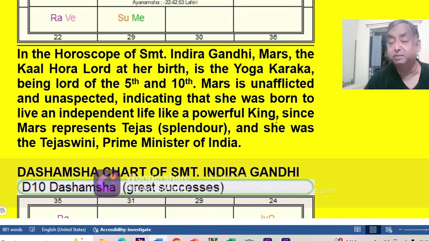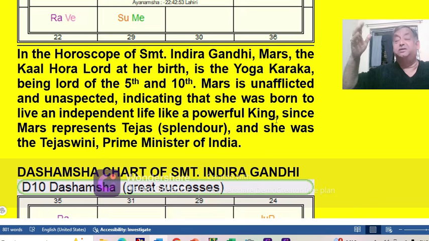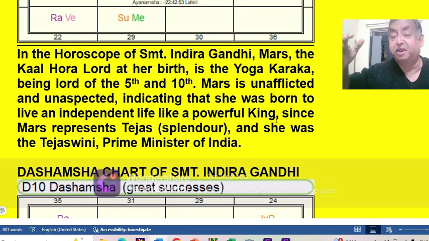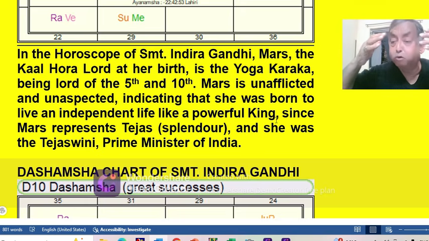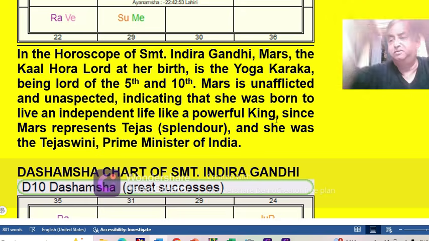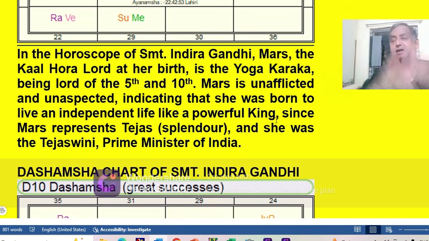Who can live an independent life? A powerful king. Since Mars represents Tejas, splendor, she was the Tejashini Prime Minister of India. Magnificent. She was magnificent. Nobody could look directly at her eyes to challenge her.